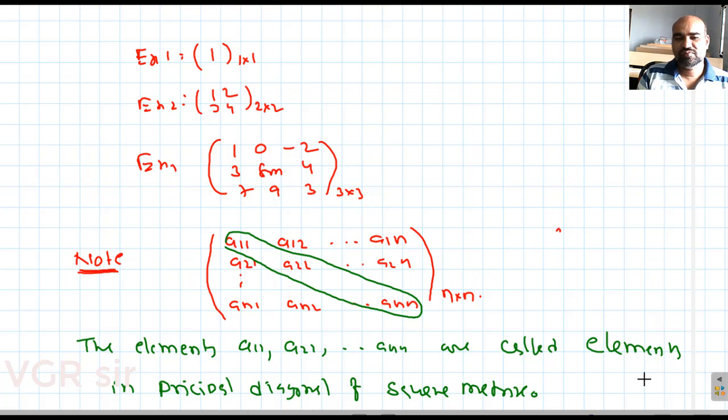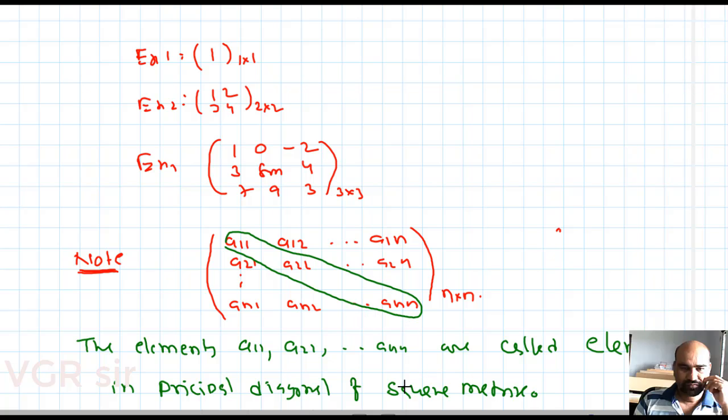Sometimes we need to identify principal diagonal elements, because further definitions like diagonal matrix, scalar matrix, unit matrix and so on are based on these elements.